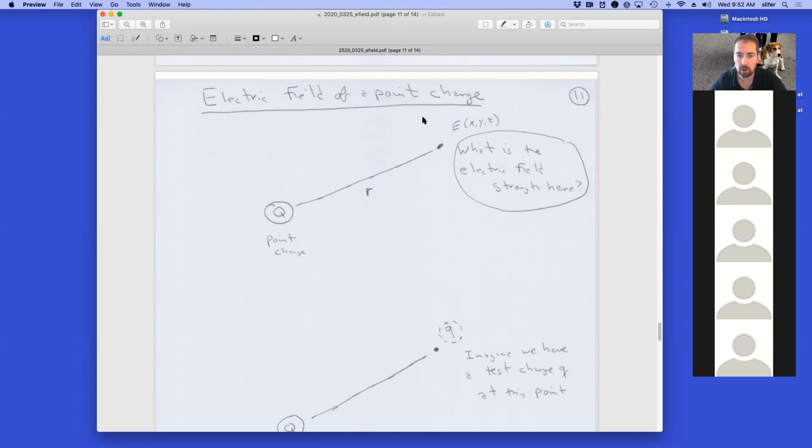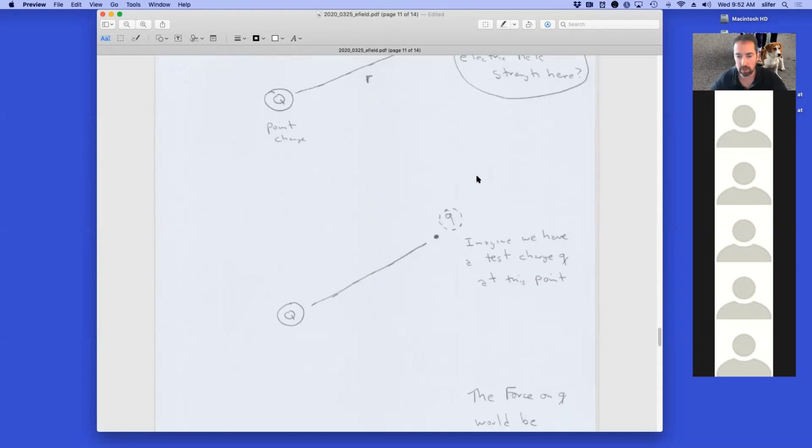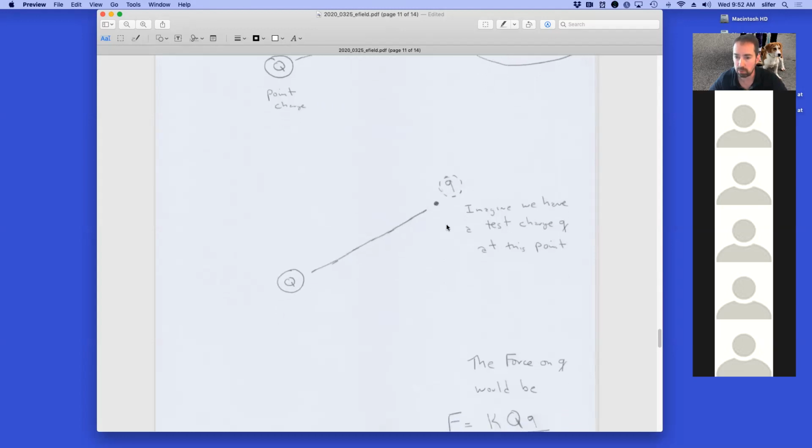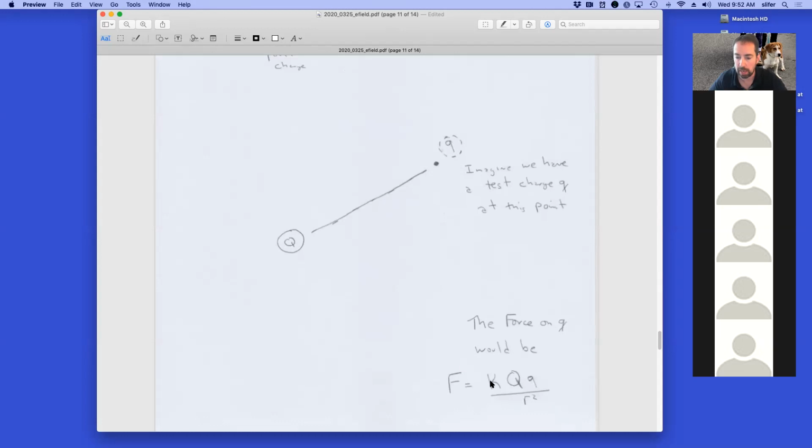Then at some arbitrary point in space at a distance r from that point source, which I'm signifying by a point x, y, and z, if I want to know what is the electric field strength at that point, what do I do? Well, I have to mentally think about if I brought a test charge in here and I put it at this distance r from the source, which is what I'm interested in here. I could then calculate the electric force between those two by just k Q q over r squared.